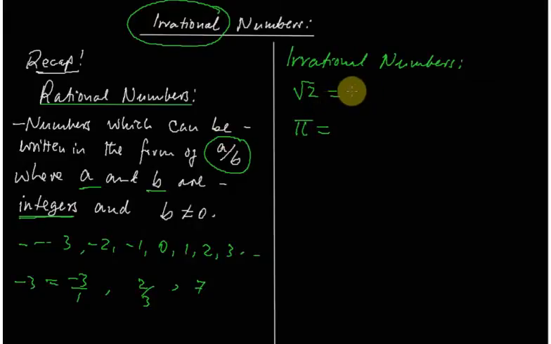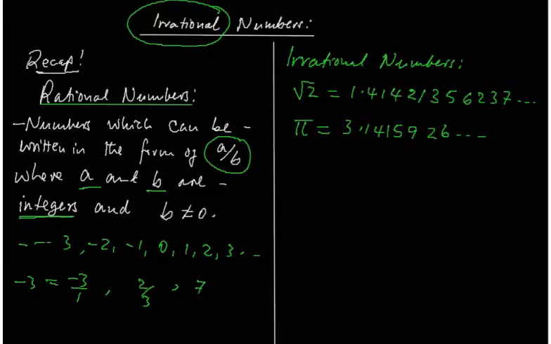Root 2 is 1.41421356, etc. The value of pi is 3.1415926, etc. So you see from these two numbers that we cannot write them as a simple fraction.